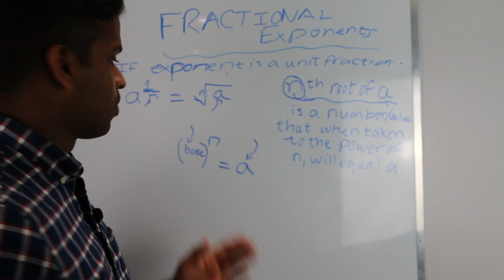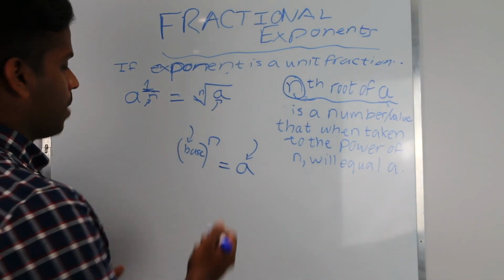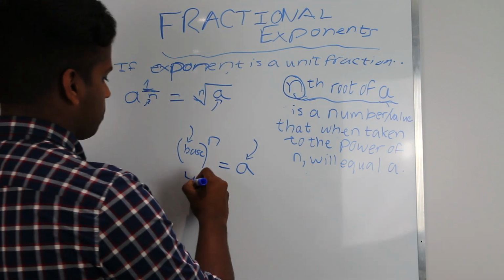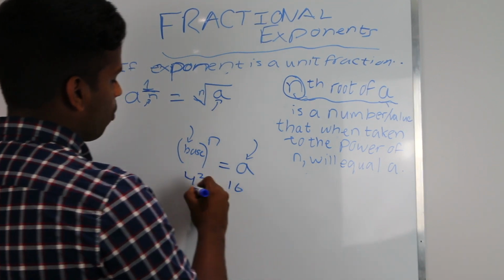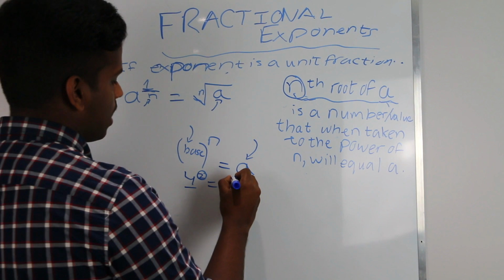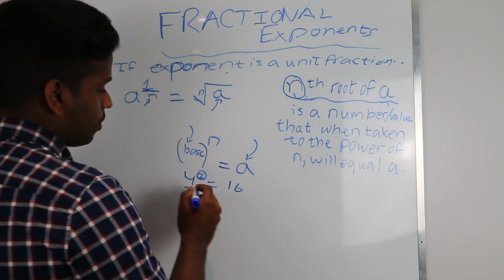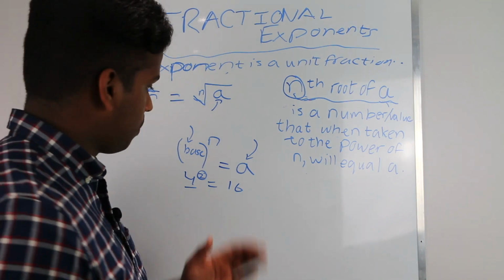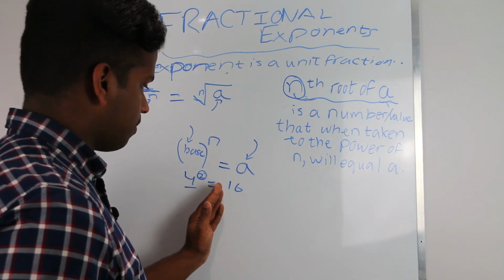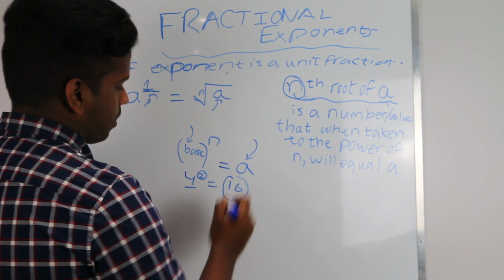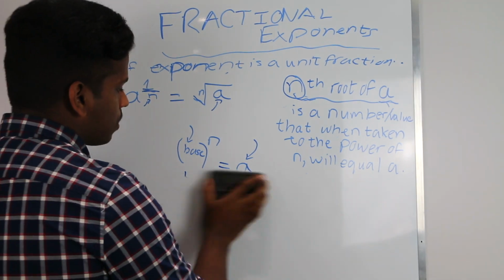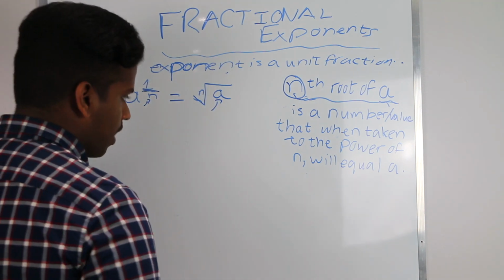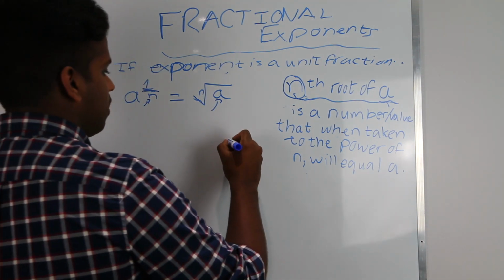For example, 4 squared equals 16. 4 would be the base, 2 would be the exponent, and we would have to find the answer after. But when we're dealing with fractional exponents like these, if the exponent is a unit fraction, you would have the A value.